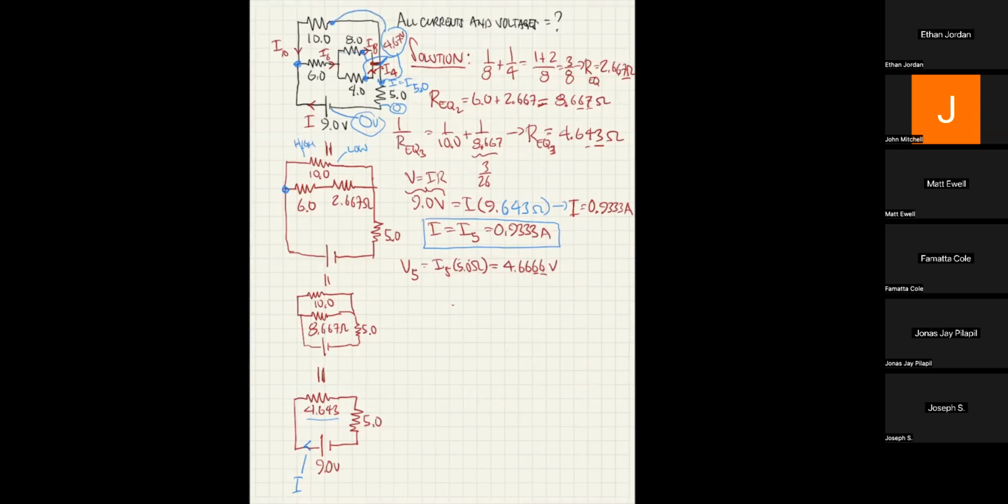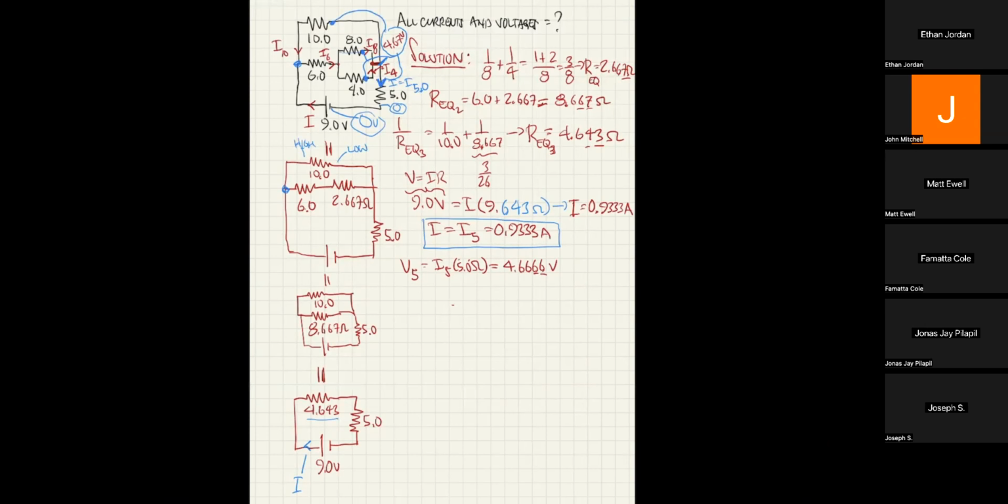Does that make sense? All those dots I just drew, the one next to the 4, the one next to the 8, and the one next to the 10, as well as the arrow at the top of the 5, all of those points have the same voltage, which is 4.67 or 667, however you want to say it, volts.